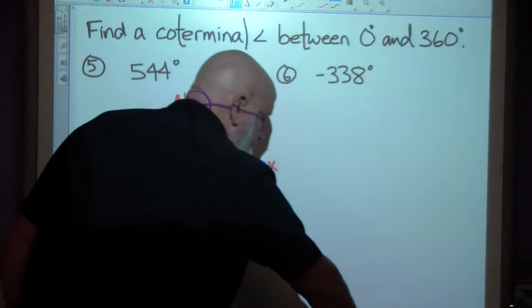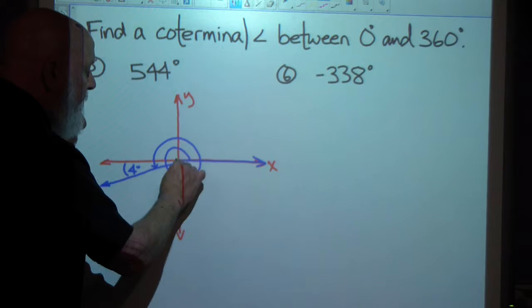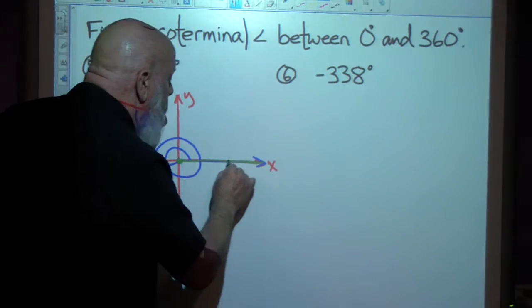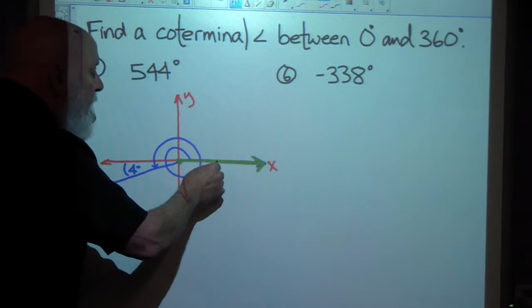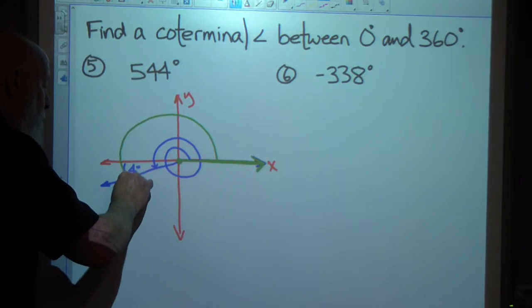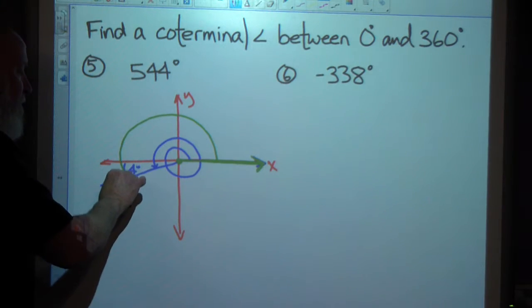And if I'm looking for a coterminal angle, I'm looking for an angle that has the same initial side, but it's just going to rotate to here and stop. So that would rotate 180 plus 4.